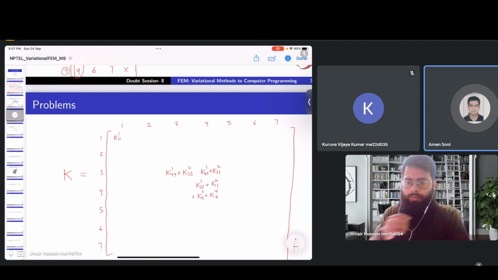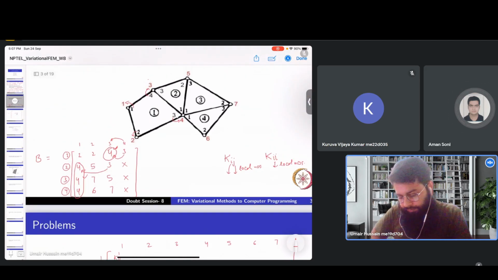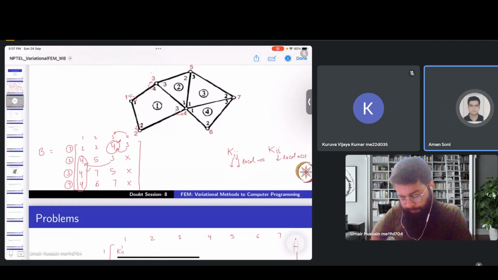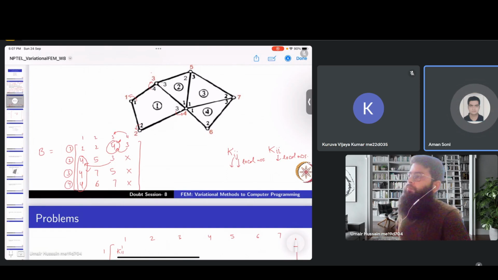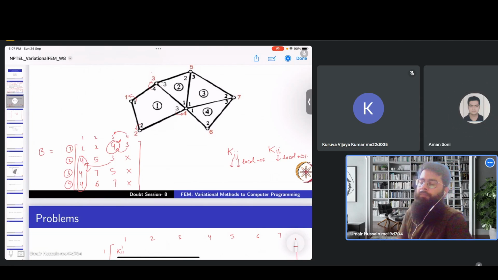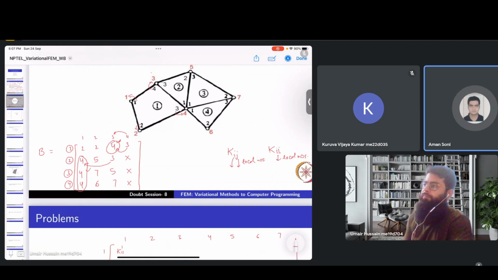If we are talking about K16 in the global matrix here, these Kij, this I and J, are representing the global nomenclature of nodes. So basically, what does this K16 show?